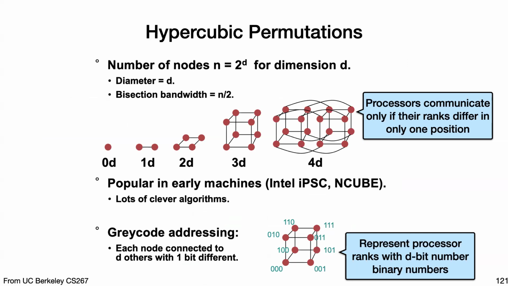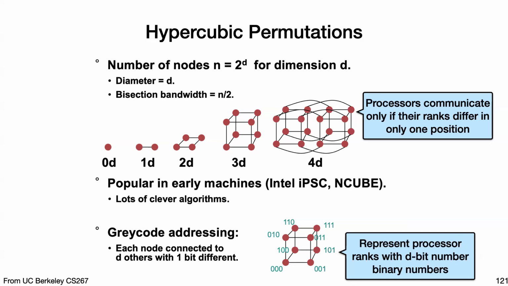Hypercubic permutations are a classical subset of permutations. This is one way that you can visualize it: it's basically a hypercube.